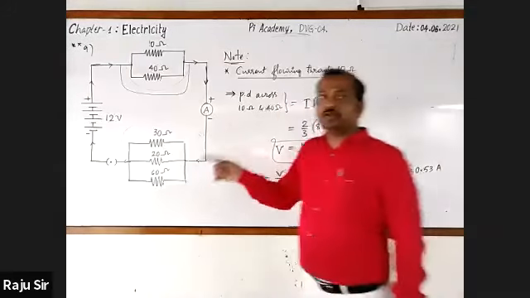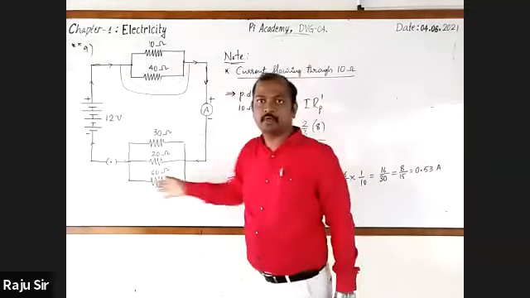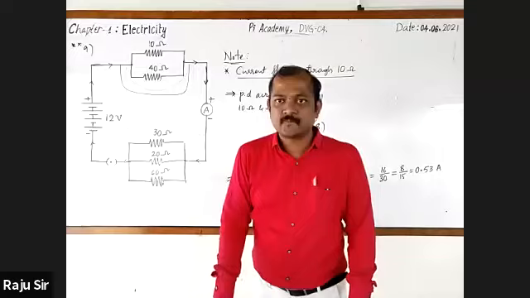You know the total amount of current flowing, how much did you get? 0.67 amps.